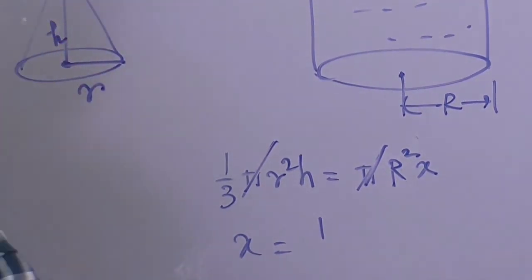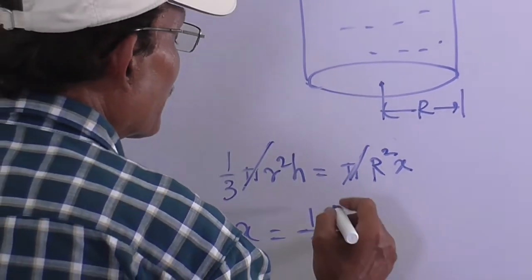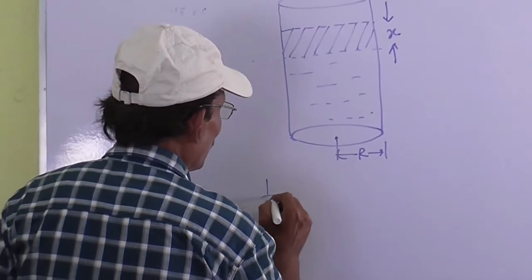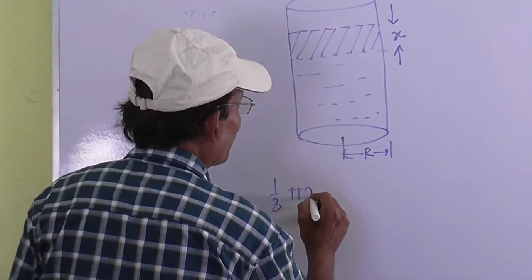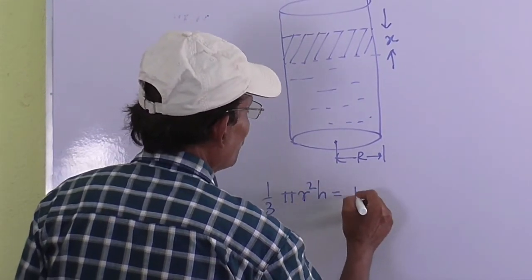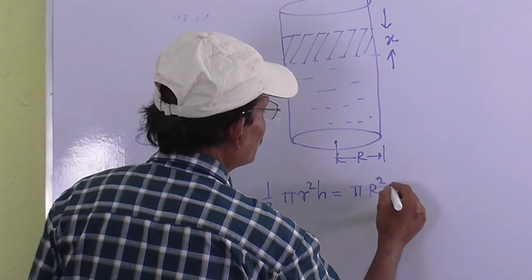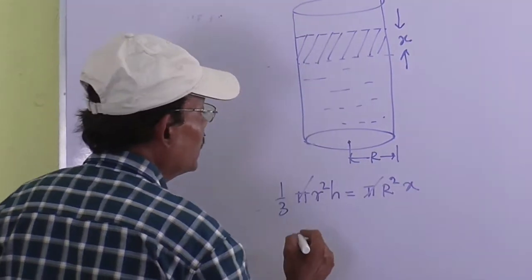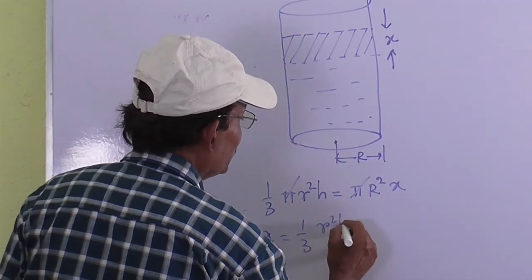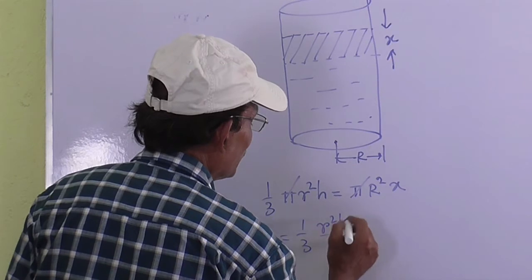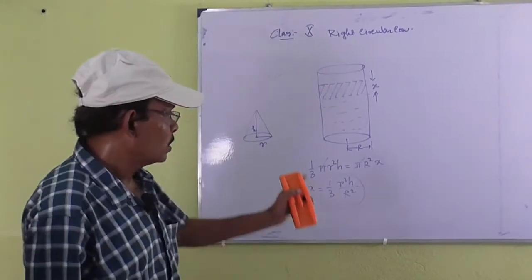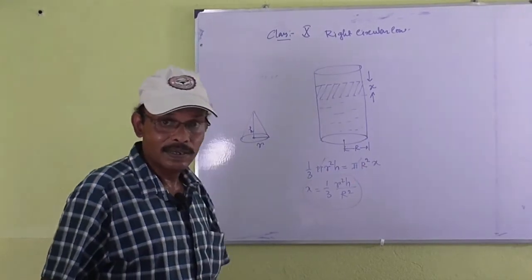From this we have one third pi r square into h equal to pi R square into x. So, cancelling pi we get x equal to 1/3 r square h by R square. This is the final value of the rising height. Clear?